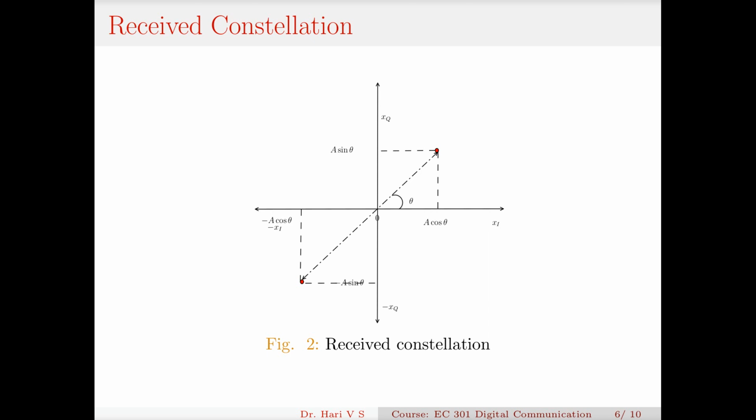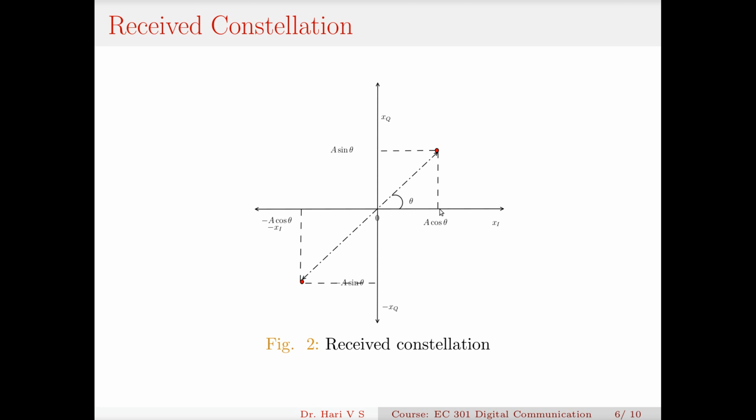Now the receiver constellation looks like this. Instead of coming at this point, you expect an amplitude here. This amplitude I mark as A because we do not know how much it is, because at the receiver I may be using 1 cos 2 pi f_c t. I do not know the amplitude.